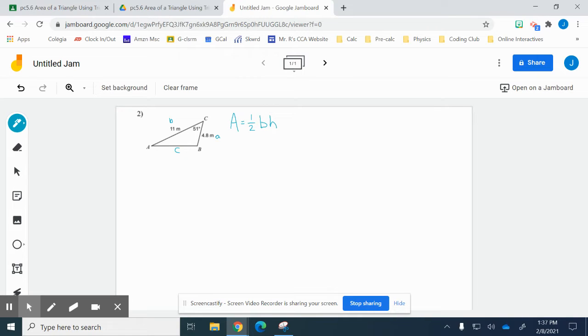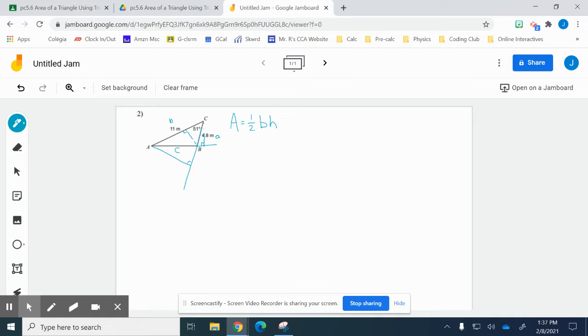And one of the things you have to keep in mind is that the height basically has to be at right angles from the base. So you could take the height right there, or right here, or you could even extend this line along here and take the height right here.